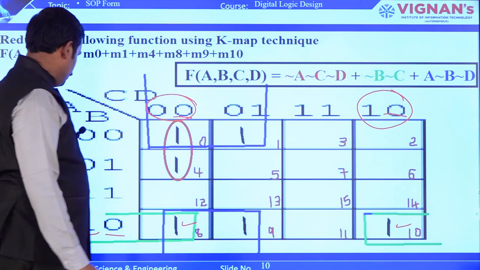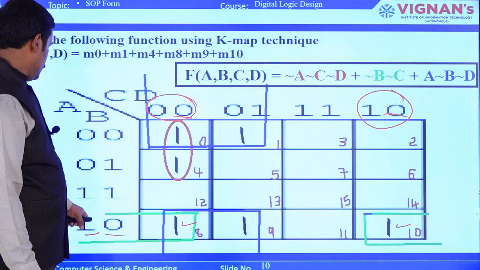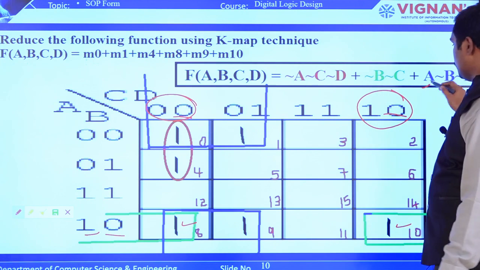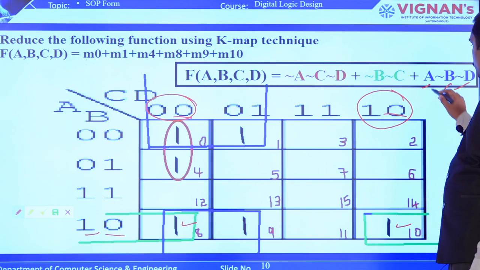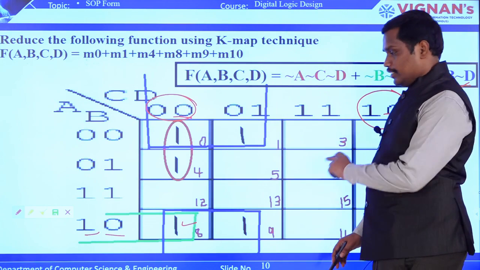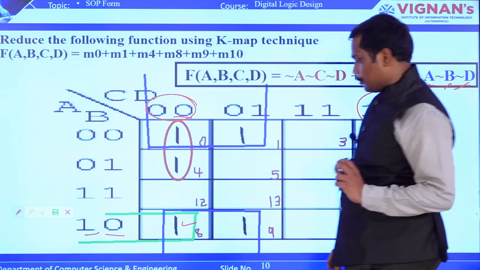That is the reason why we framed this as, I think there is a color mismatch, A, B bar, D bar. So this is the expression for this particular green one, okay? Since there is a color mismatch, it's a bit confusing.